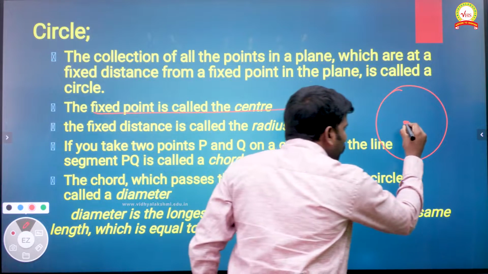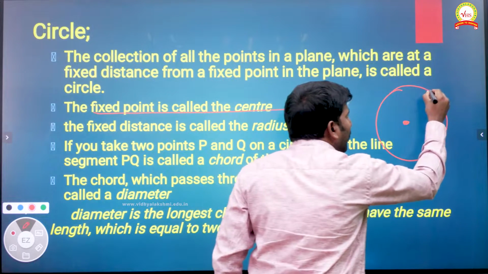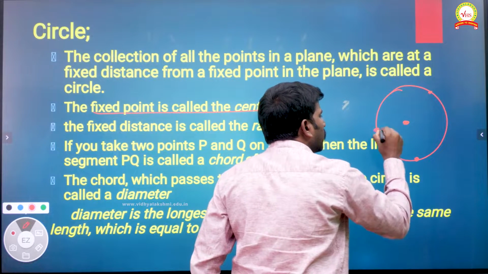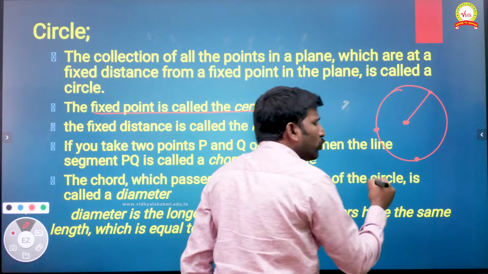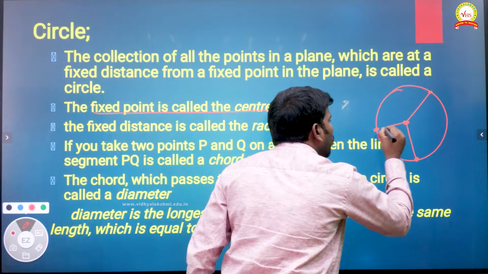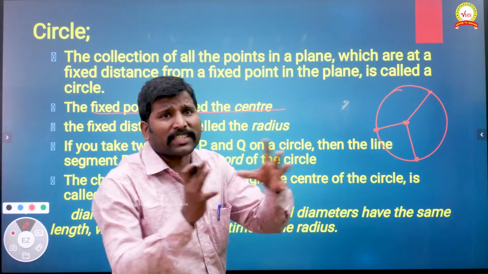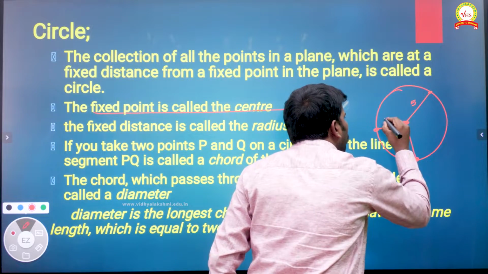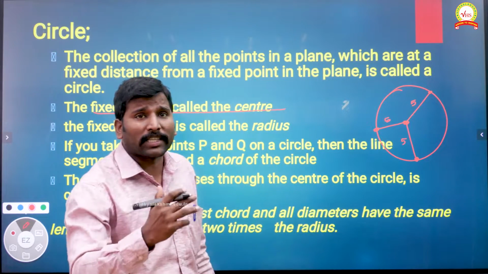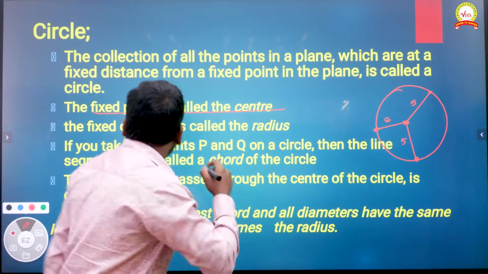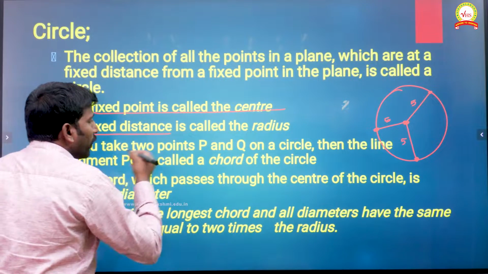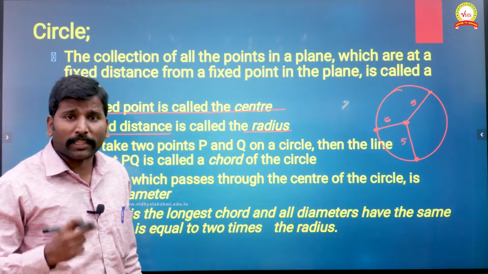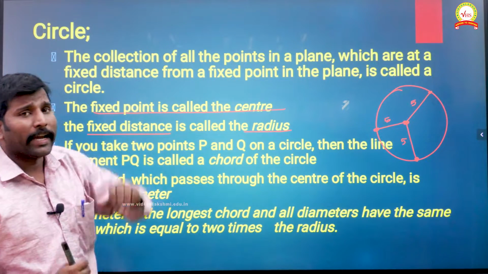Next, from the fixed point, if I take any point on the circle, that is not a problem, when you join these two points, that is called the fixed distance. It never changes. Suppose it is 5 here, here also 5, here also 5. That fixed distance we are calling the radius. Radius, children. This is one of the very important points in the circle chapter.